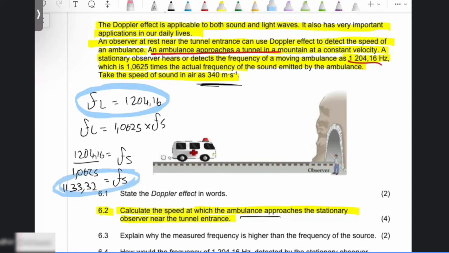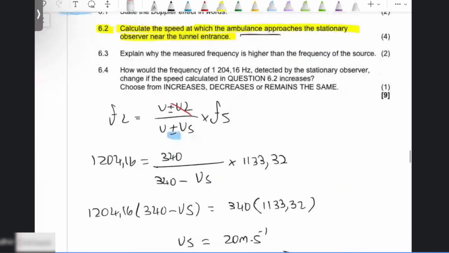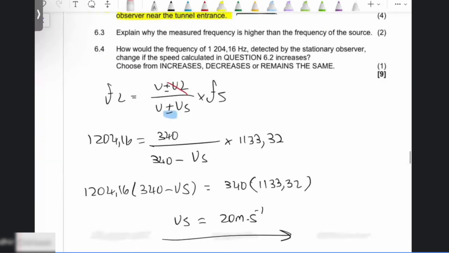That's why 1133 is the source, and the frequency heard by the listener is 1200. So 1100 is the source, 1200 is what we actually hear. So it makes sense that the frequency of the listener is greater. Okay, perfect.